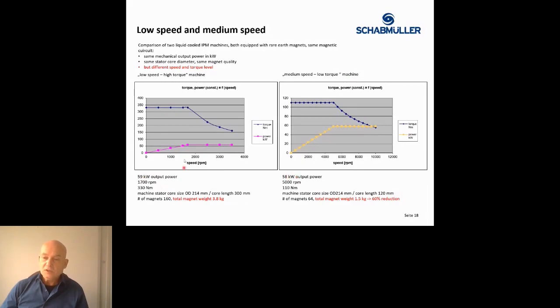The one machine reaches that output power at 1,700 RPM with 330 Newton meter. And for achieving that power output, we need a machine with a core length of 300 millimeters in order to get the torque out of that size.